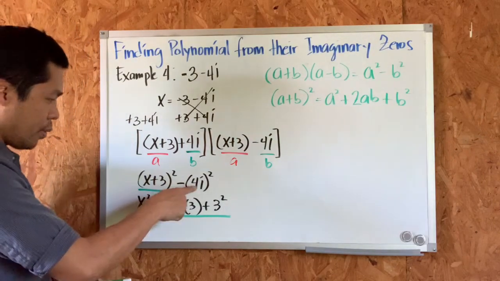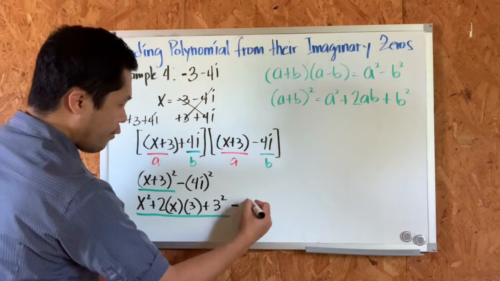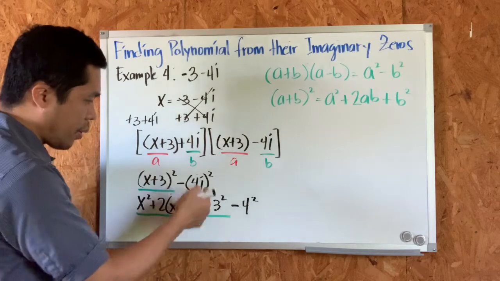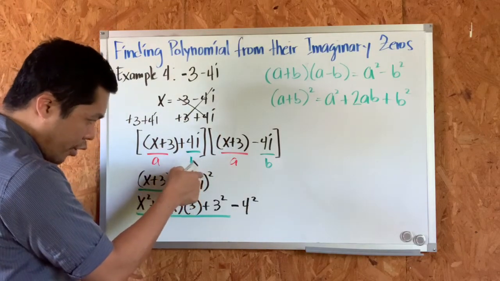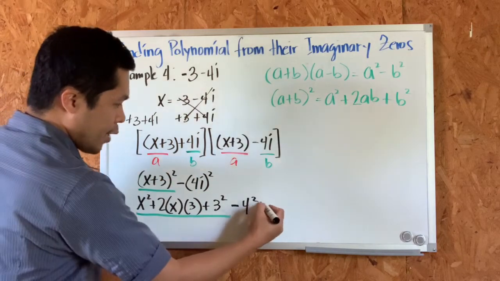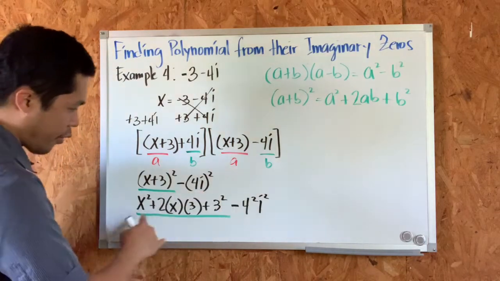Now we need to solve for this. That's minus 4i squared. Distribute the exponent using the laws of exponents. So 4 times 1 is 4. The exponents of 4 and i are both 1. So that's i squared. We can simplify this further.